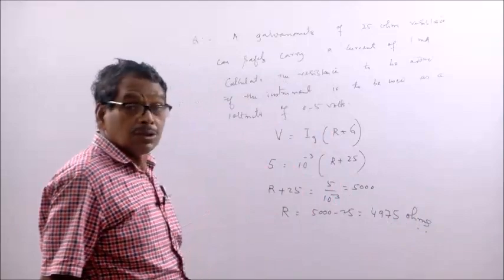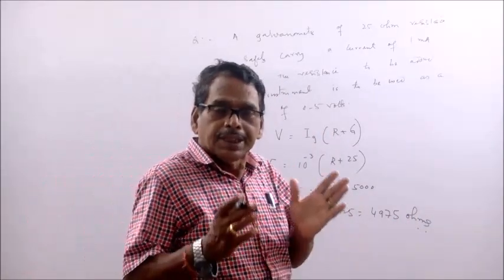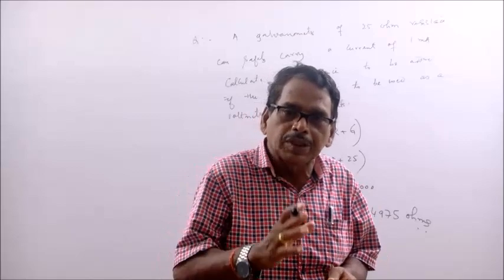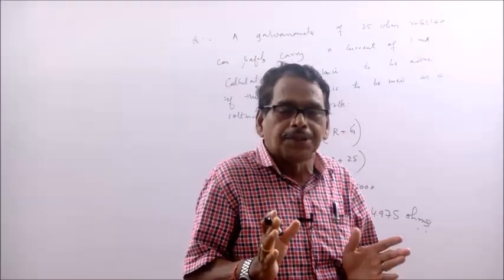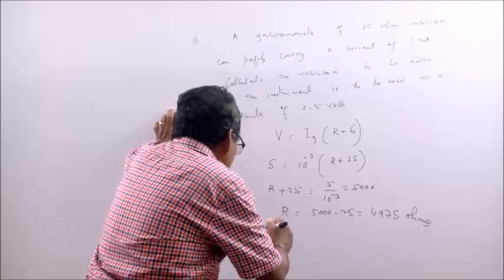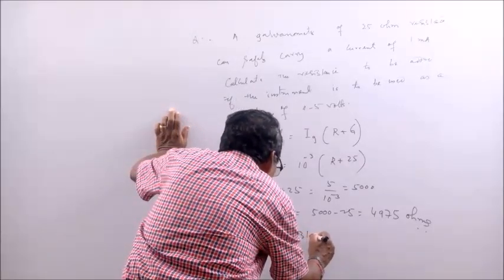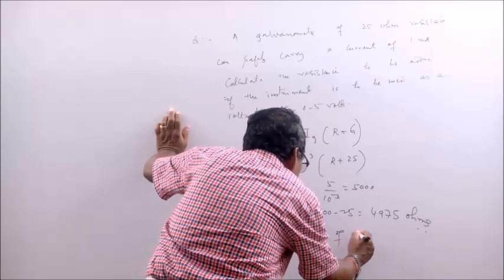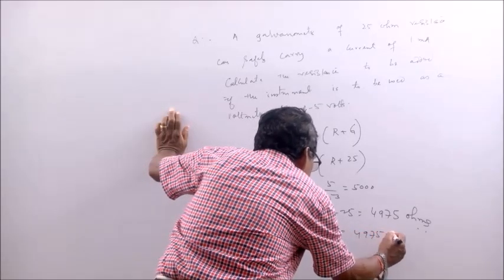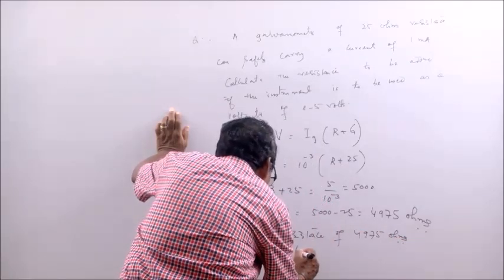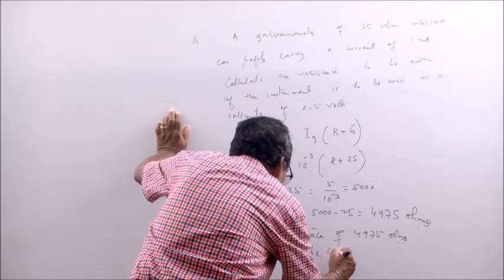So the ultimate answer is a resistance of 4975 ohms is to be connected in series.